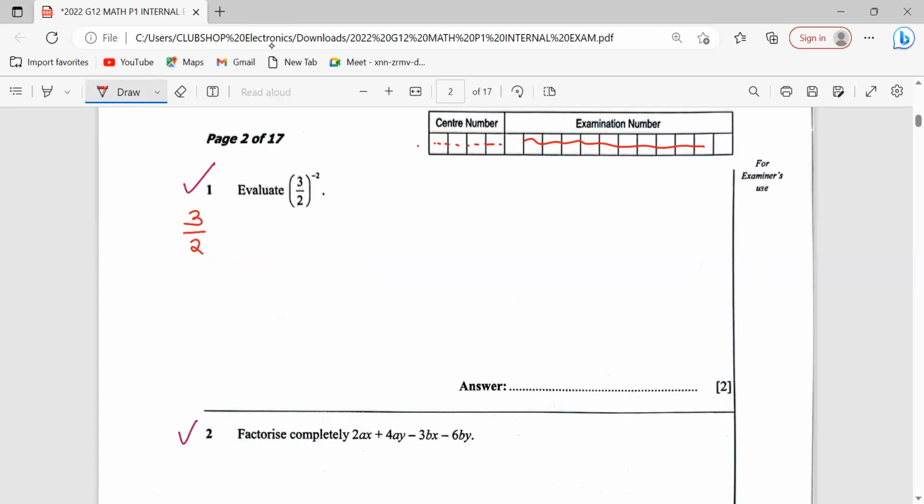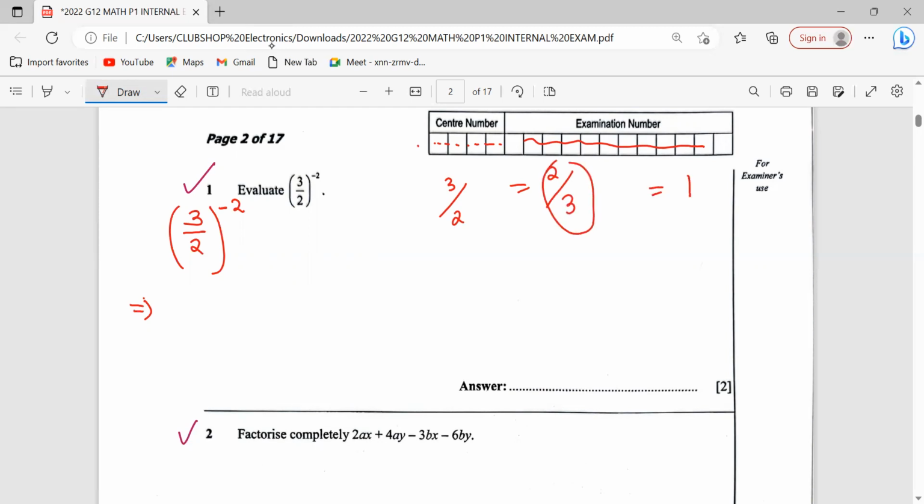divided by 2 to the power -2. A power which has a negative, that negative is telling you to get an inverse. So this will imply that an inverse is just simply a reciprocal. The reciprocal of 3 over 2 is 2 over 3, because once you multiply, you must get 1.